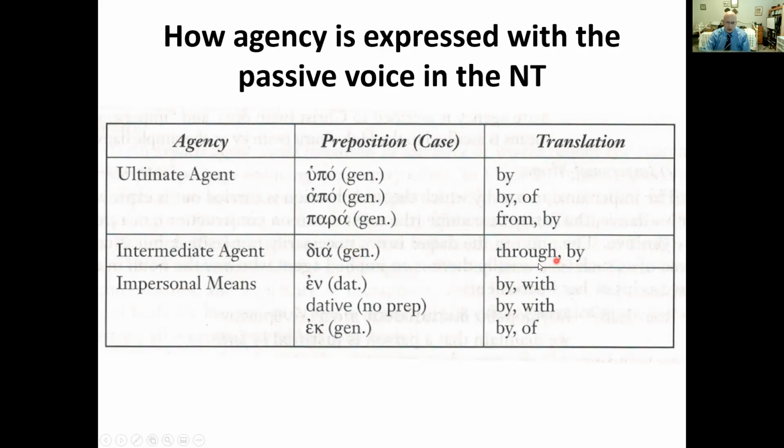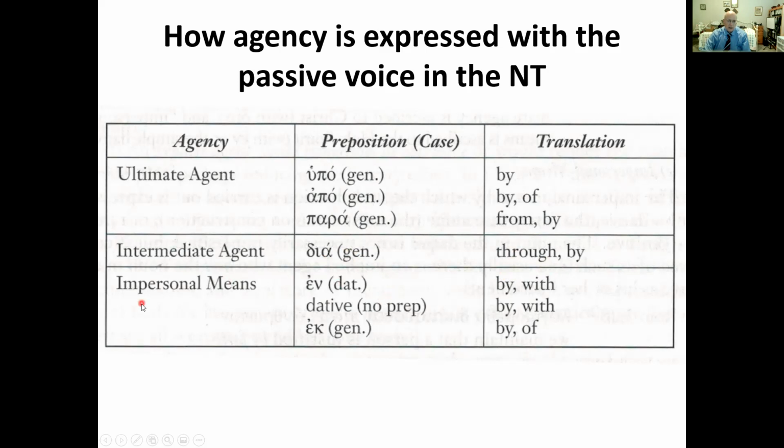He hit me by means of a bat or some instrument. That might be, or usually be dia plus the genitive, through something, by something, by means of something.